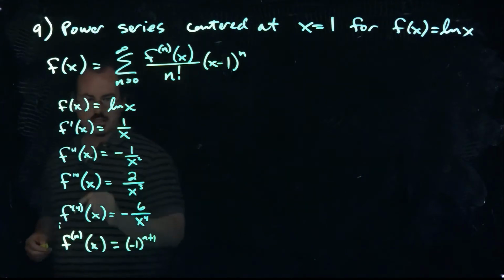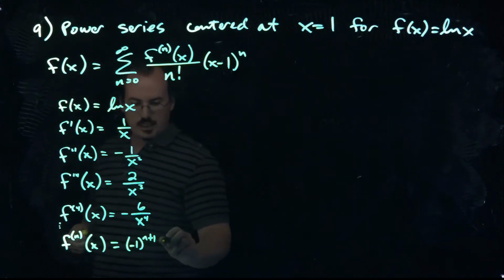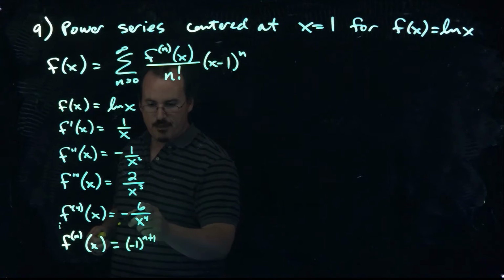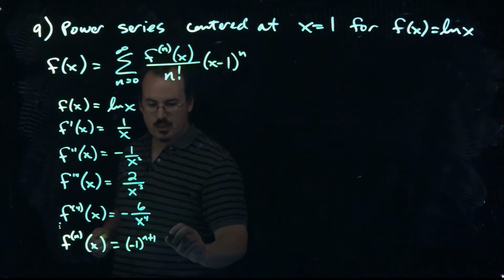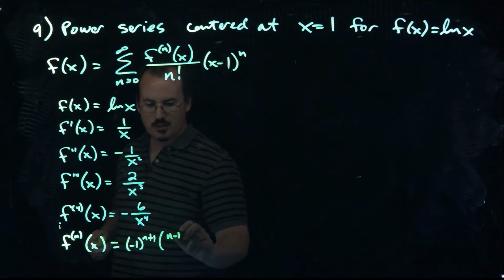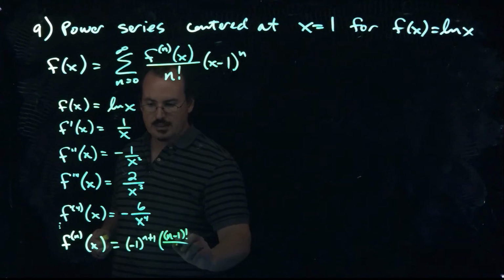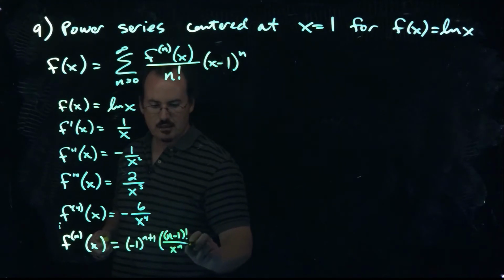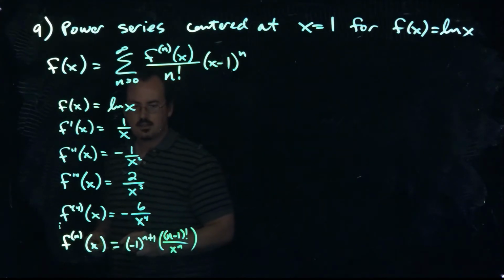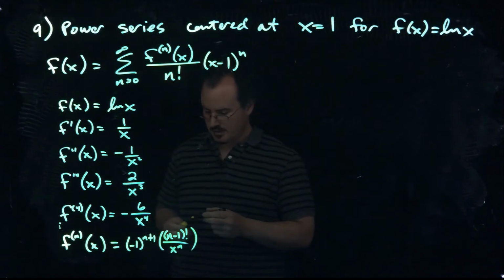First derivative positive, second negative. And then what else do I need? That's going to be n minus 1 factorial in the numerator. N minus 1 factorial. And then in the denominator, x to the power of n.